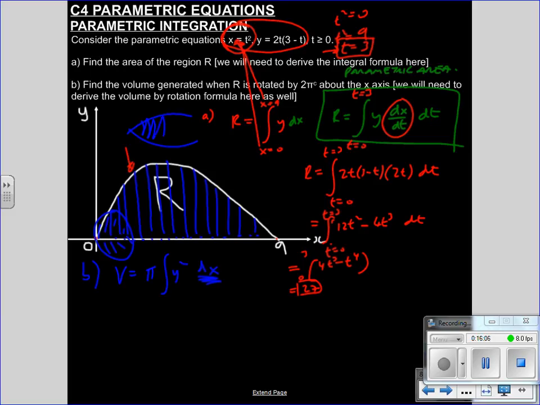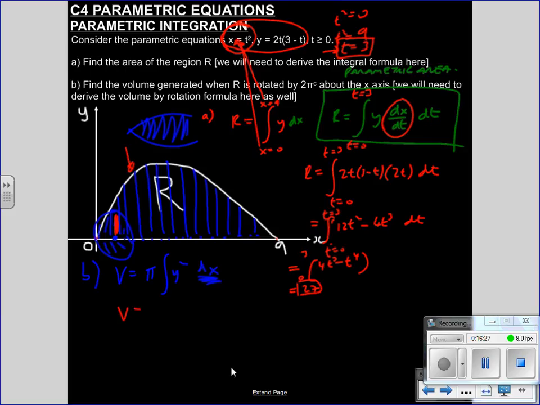So it's going to look like that, isn't it? Almost like a kind of football, American football. Sorry, rugby, sorry. Anyway, and the area of a circle is pi r squared, isn't it? And r, your radius, is your y value. Do you see? That's where that formula comes from.